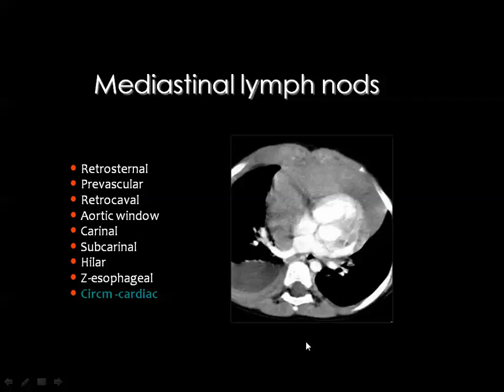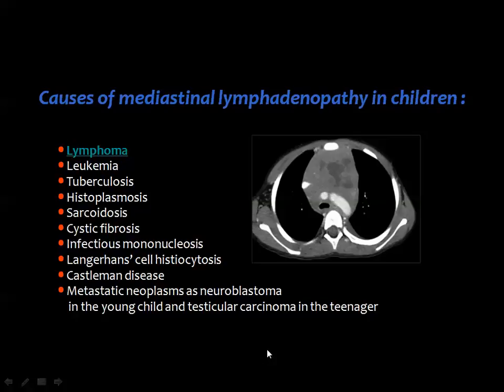And if you remember, we have said that this group of lymph nodes is usually pathognomonic for non-Hodgkin lymphoma, whether you are dealing with a pediatric patient or an adult patient, according to the literature.